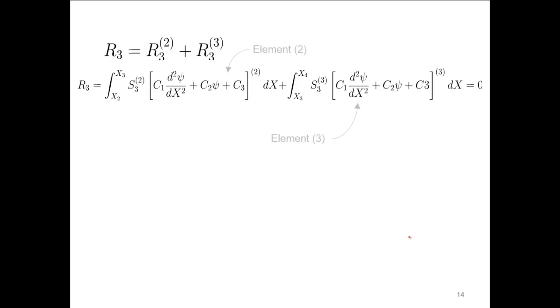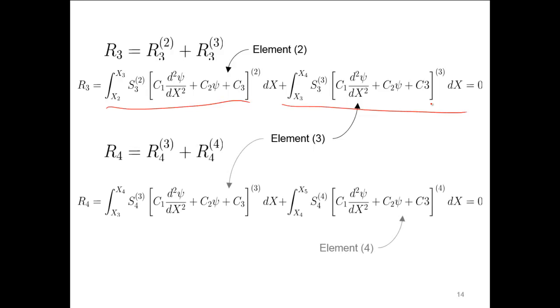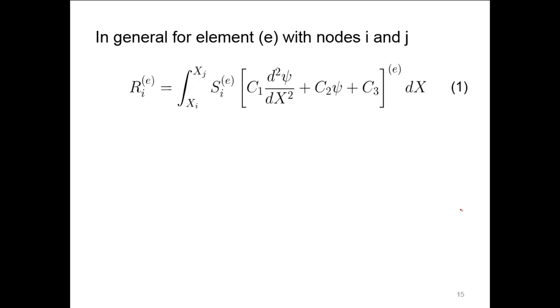We do the same thing for node 3: element 2's contribution on the left and element 3's contribution on the right, all set equal to 0. And for the residual at node 4, the contribution from element 3 and the contribution from element 4. You continue that on the rest of the way.